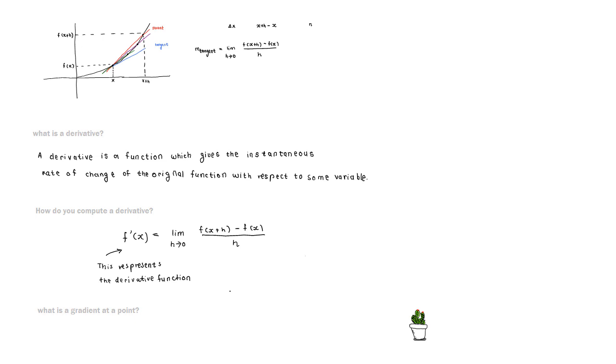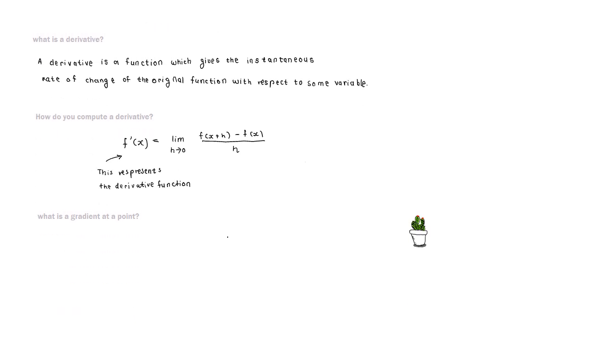Now you can answer the question, what is the gradient at a point? Well, the gradient at a point is the gradient of the tangent line at that point. If you're looking at some generic curve and you want to know the gradient at a specific point a, this point has a corresponding y value, f of a.